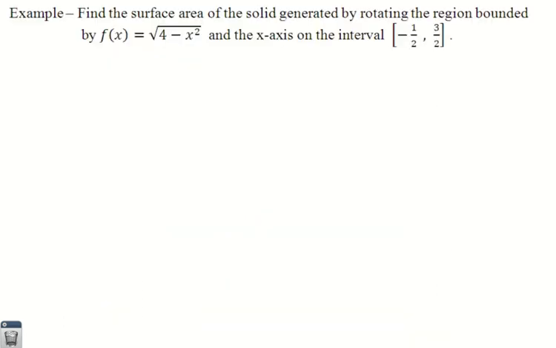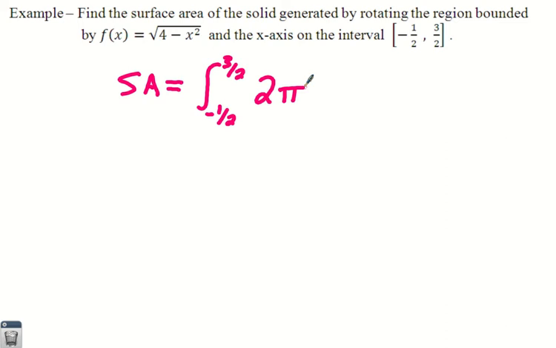But let's get back to our problem. Is this about the x-axis? Okay, so this is around the x-axis. So we're going to use the x values on the interval -1/2 to 3/2. And then we have a 2 pi.